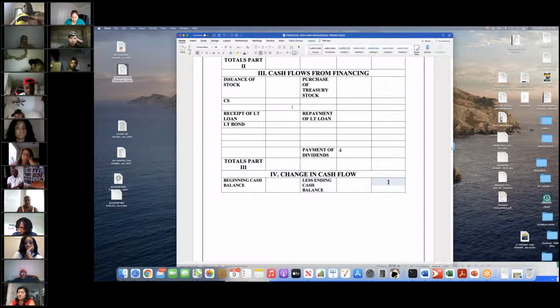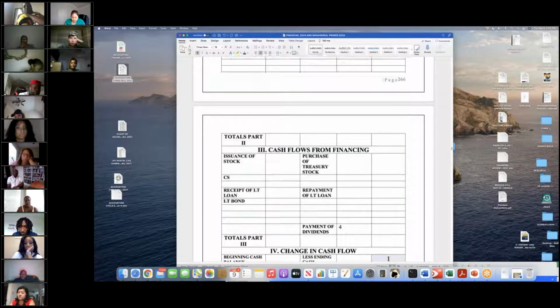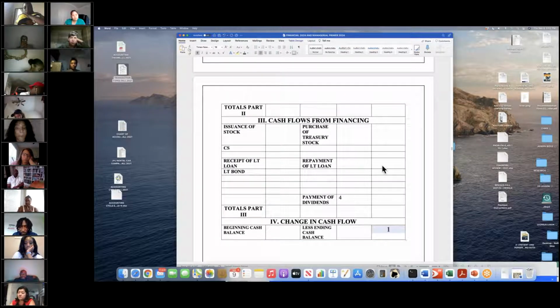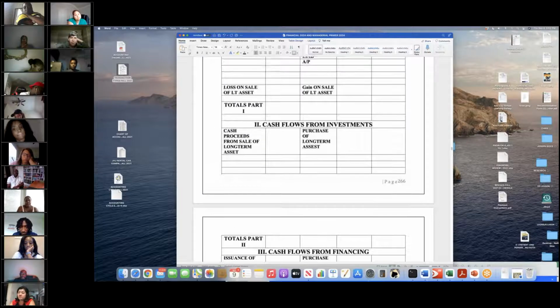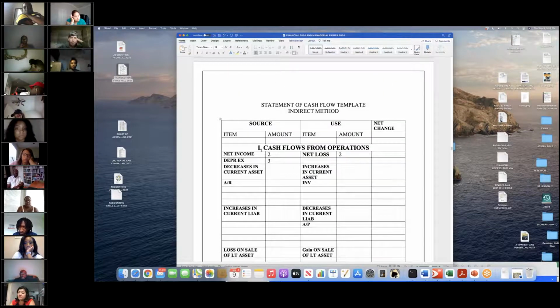You put that on the problem first. Then you go to the income statement and see what the net income is, whether it's a net income or net loss. And you make that the second thing you do as you go to this template.